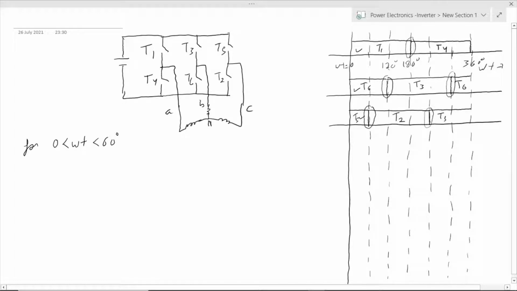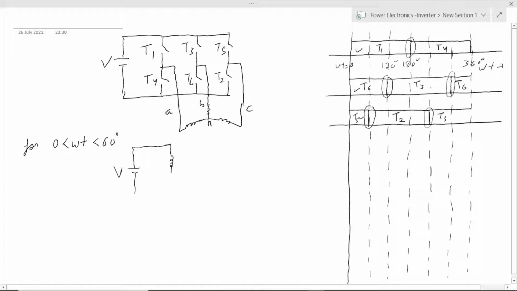So let us do that. This is our DC voltage source V. Then we are switching on T1. So T1 is switched on, and therefore the load will be connected.